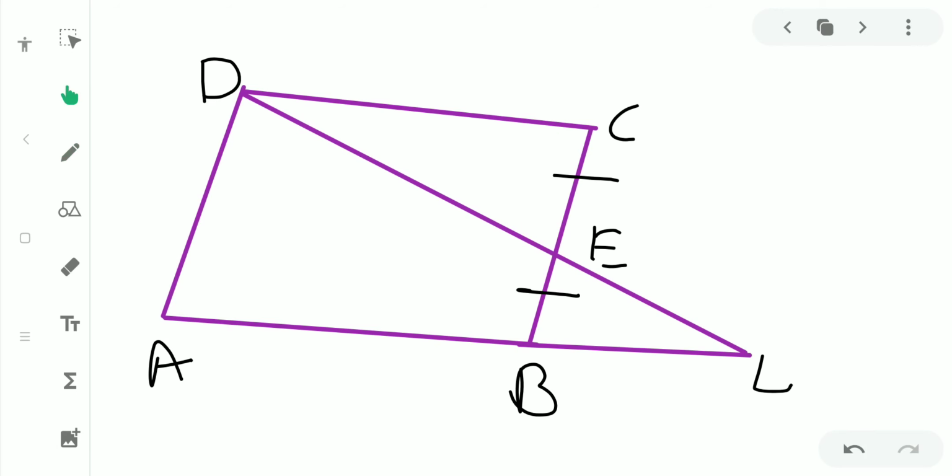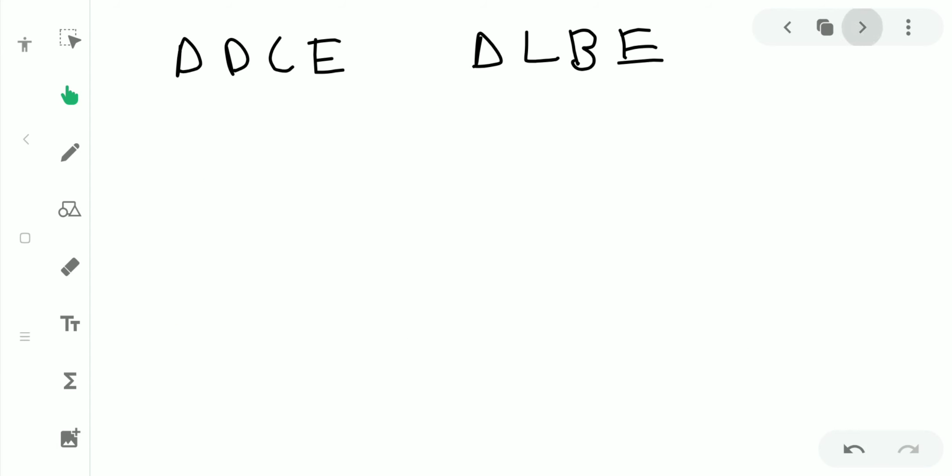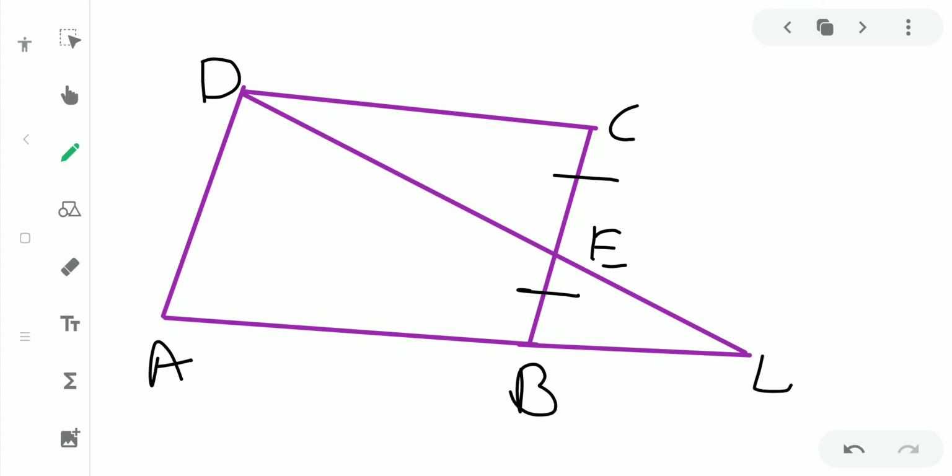Now here, I have another property of parallelogram, that is the opposite sides will be parallel, that is AD will be parallel to BC and DC will be parallel to AB. So that is the property of parallelogram. And we have triangle DCE and triangle LBE. So here let us prove the congruency. I will have angle DCE.